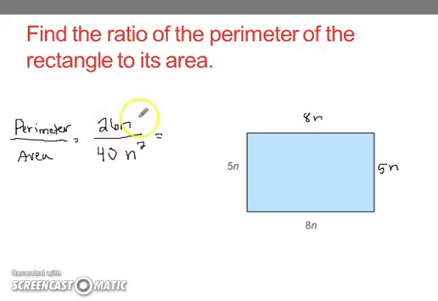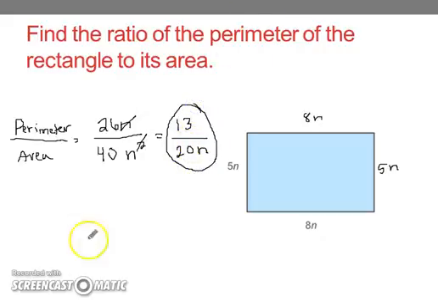If I divide out a 2 from 26, I've got 13. 40 divided by 2 is 20. And then the n's cancel out. There's one n on top, 2 on the bottom, so we'd be left with just an n on the bottom. So 13 over 20n.